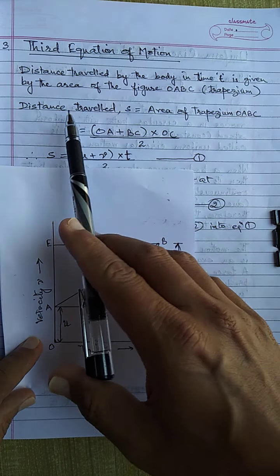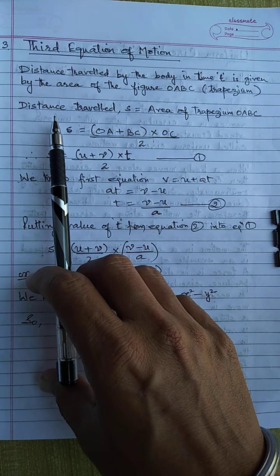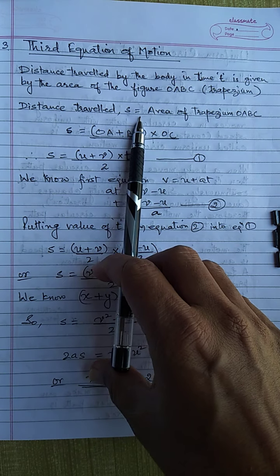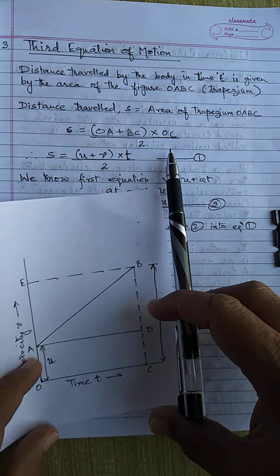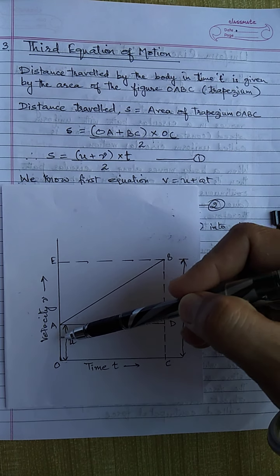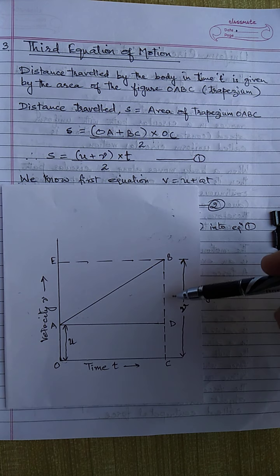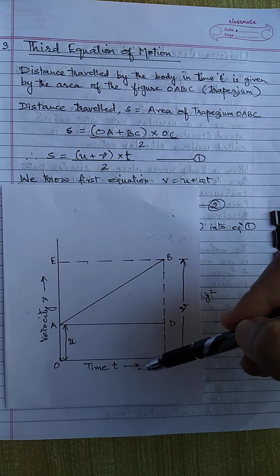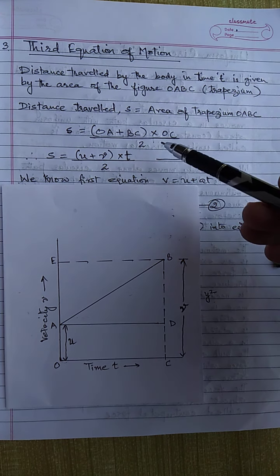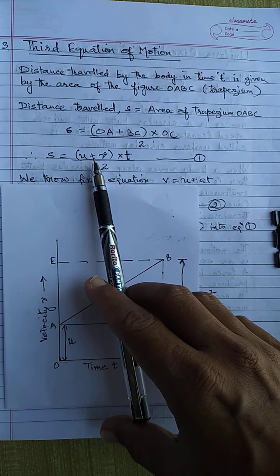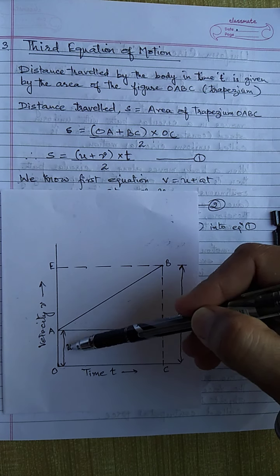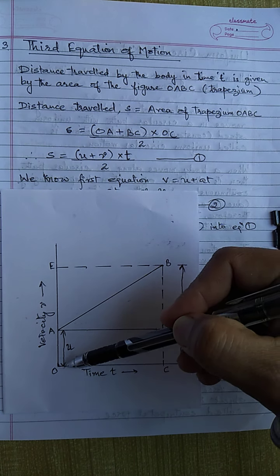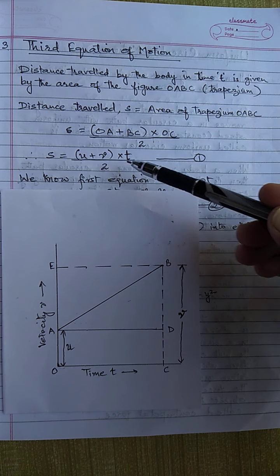It's one and the same thing, but we will use the formula: distance travelled is equal to the area of the trapezium. S is equal to the sum of the parallel sides OA plus BC, as I told you earlier, into the height OC divided by 2. So s becomes u plus v into time t divided by 2.